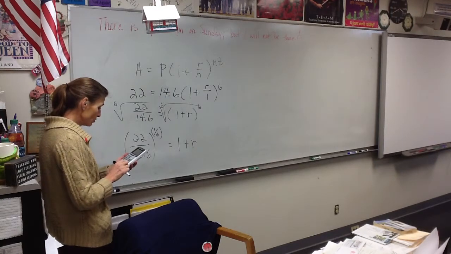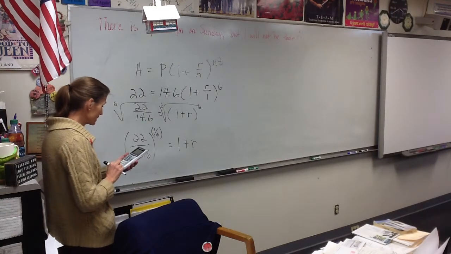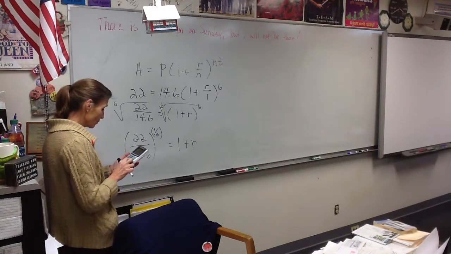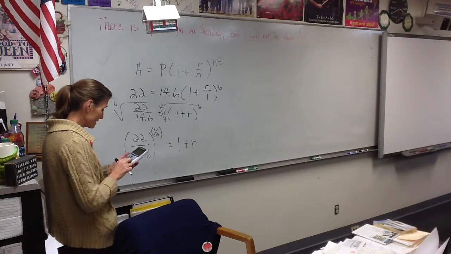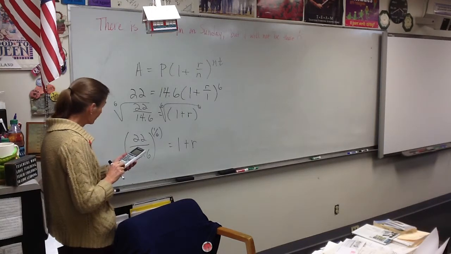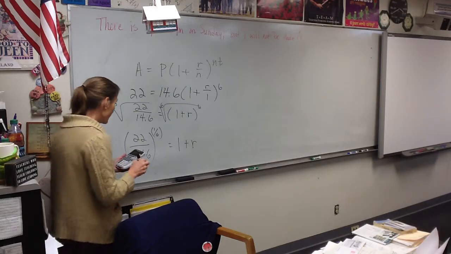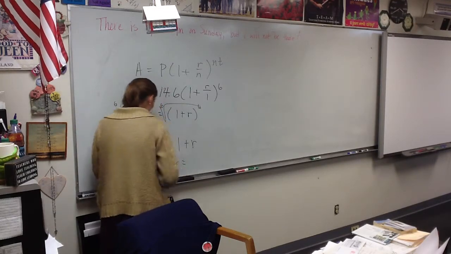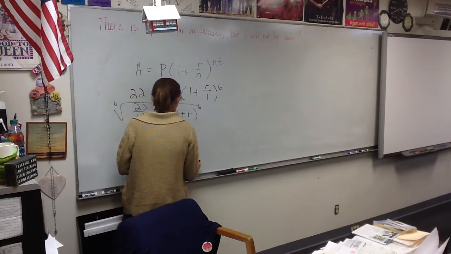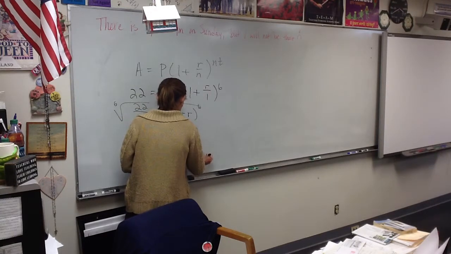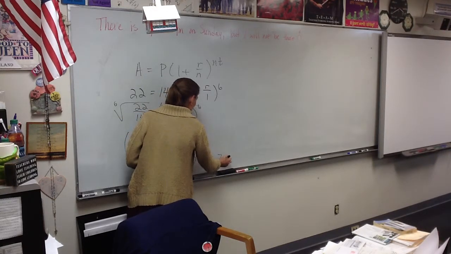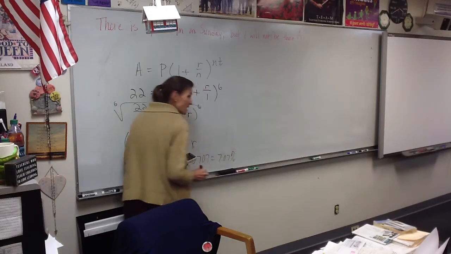So 22 divided by 14.6, raised to the parentheses 1 divided by 6 power, and then minus 1. It looks like my interest rate is about 0.0707, so that would be 7.07%.